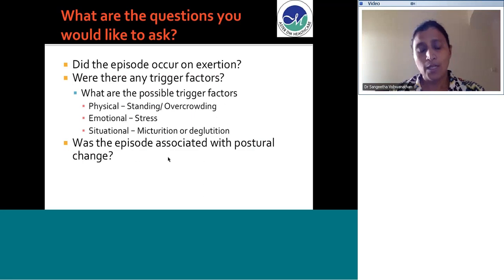Okay. So, was there a postural change? That is another. There is something called orthostatic syncope, where when the person gets up from sitting down, that's when they get the dizziness and loss of consciousness. And this can be associated with, perhaps, a state of dehydration and hypovolemia.